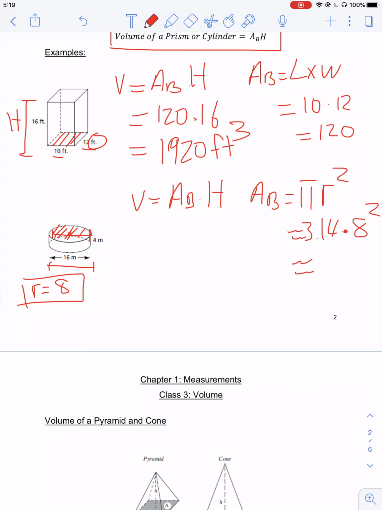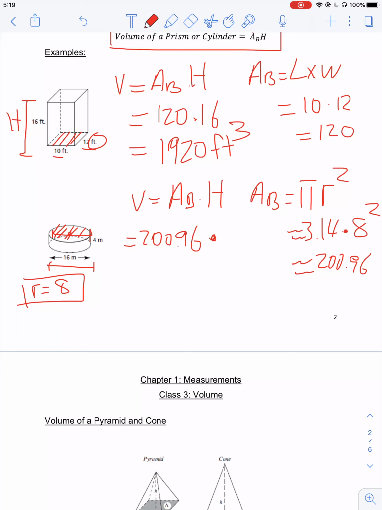The squiggly equal sign means it's just an approximation, because pi is not exactly 3.14. So 3.14 times 8 squared, and you get 200.96. So area of base is 200.96, and I have to multiply that by h.